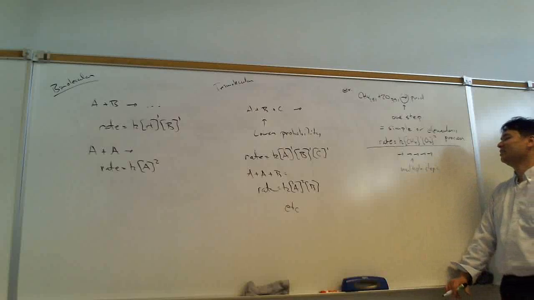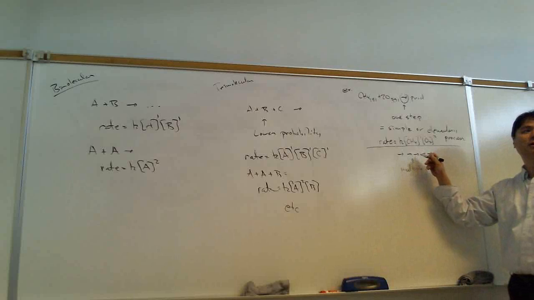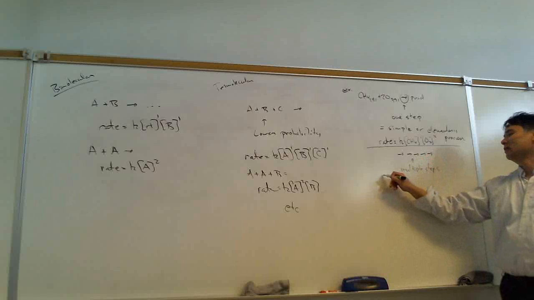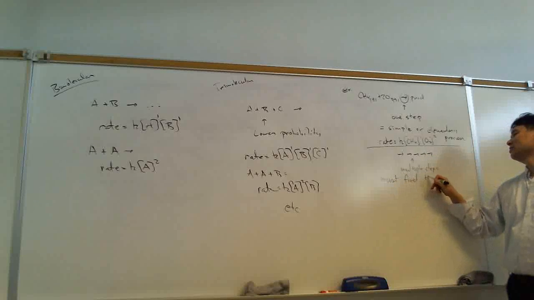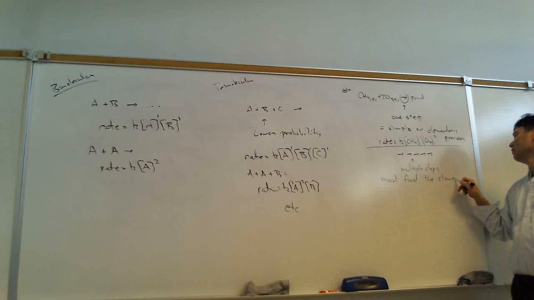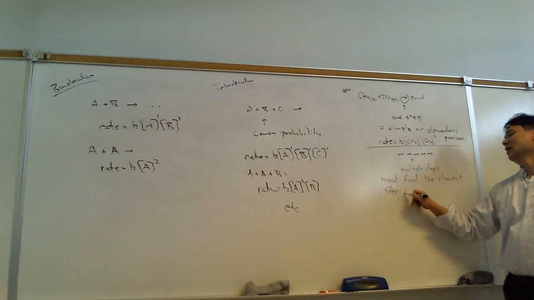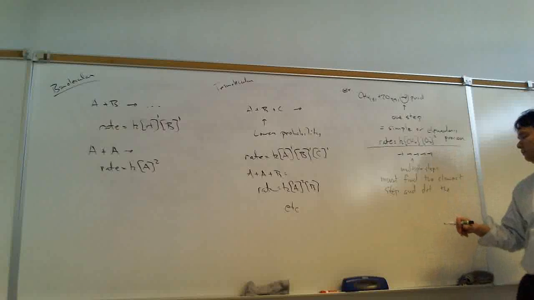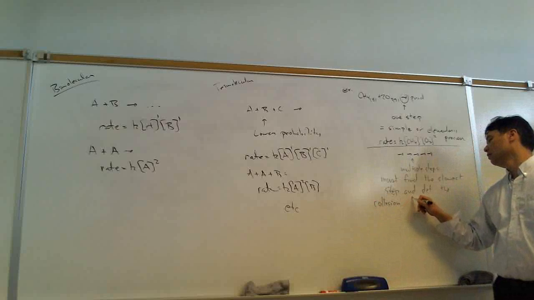And so what we have to do is, if this occurs in multiple steps, we have to find the slowest of these steps, because the slowest step will dictate the reaction. And so if it occurs in multiple, then we must find the slowest step and determine the collision in rate law.